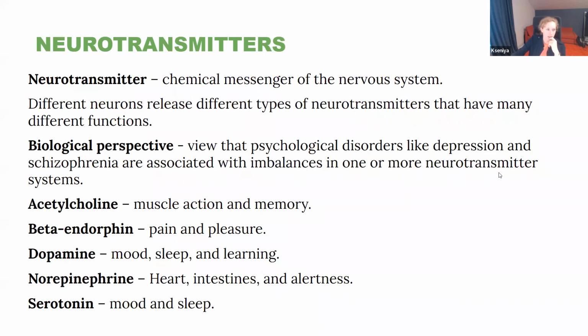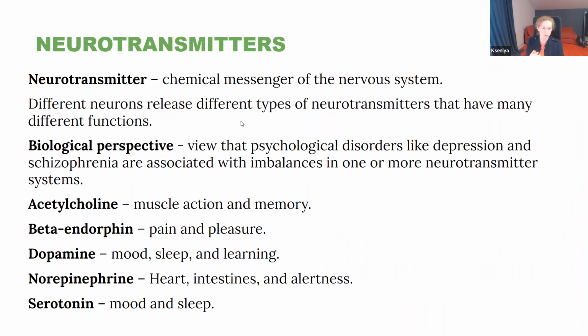The next fact is that there are neurotransmitters in the brain, and neurotransmitters are chemical messengers of the neural system, and different types of neurons can release different types of neurotransmitters, and so they have different functions.